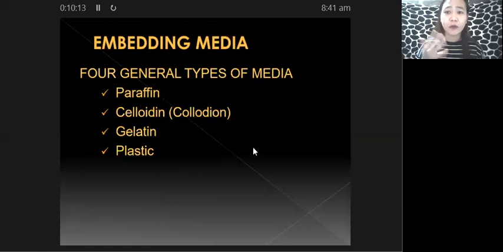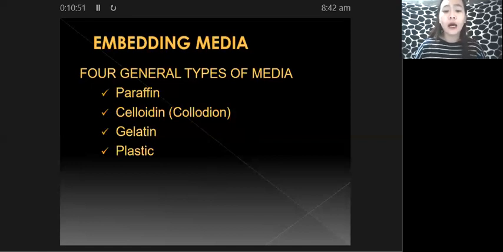But in the processes of infiltration and embedding, you have to create almost the same consistency of your tissue and your block, so that later on, when you do your sectioning, you would be able to produce sections easily.